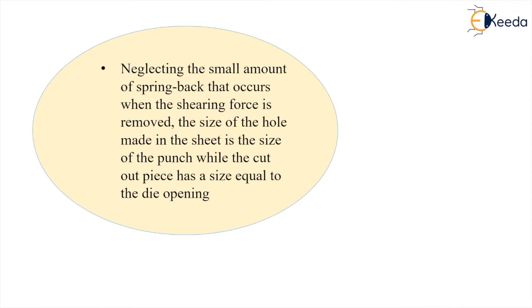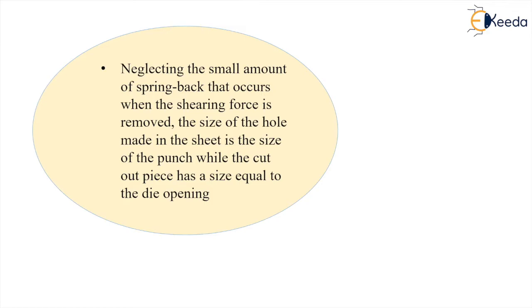So basically, please remember the simplest way: in blanking operation, the size of the die is equal to the size of the blank that you want, and in punching operation, the size of the punch is exactly equal to the size of the hole that you are going to produce in the given sheet.